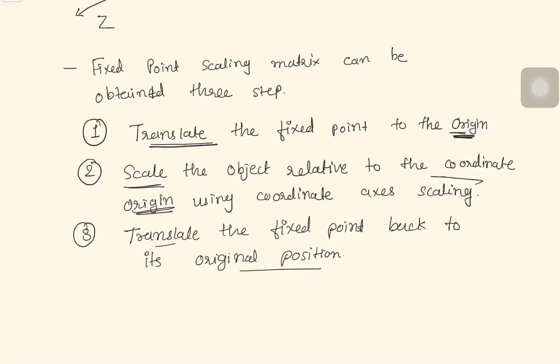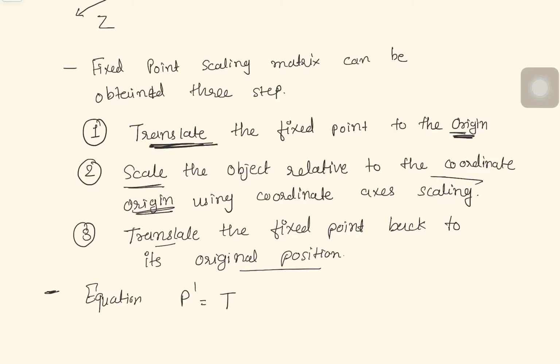So what will be the equation for this? The equation of this fixed point scaling is P dash is equal to, what is our first step, that is translate.